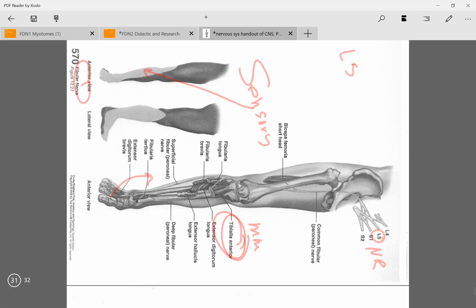Remember L5, heel jive. So have them lift their foot up, walk on their heels, see if they can do it. If that's not safe, then you grab their foot and muscle test it by saying resist. They're trying to lift their foot up while you're trying to push down.